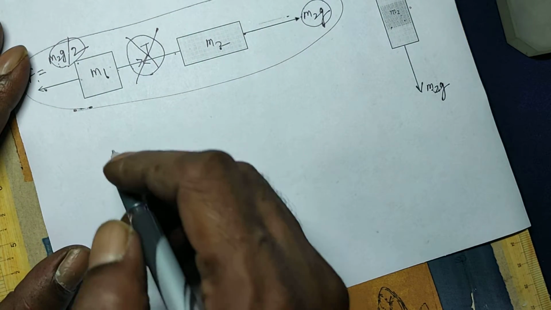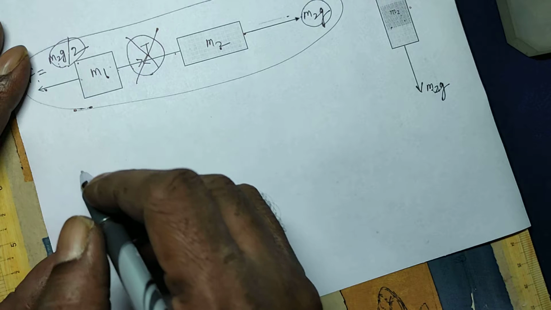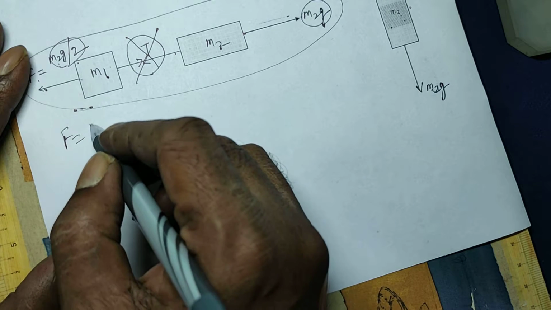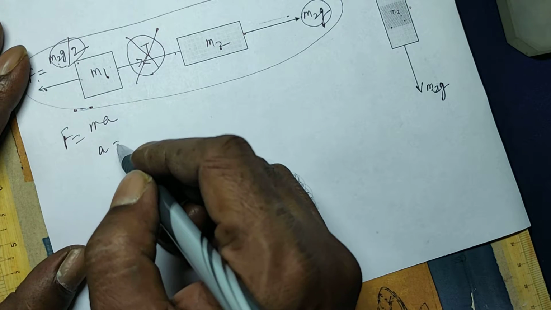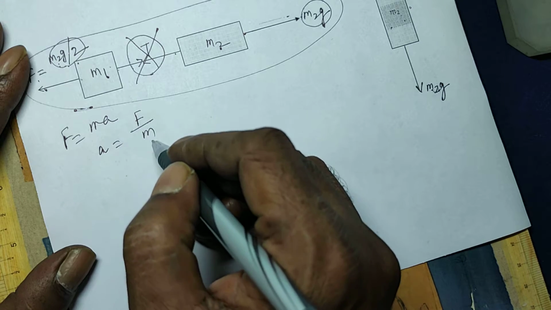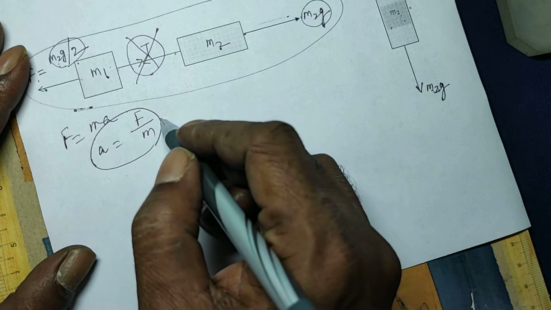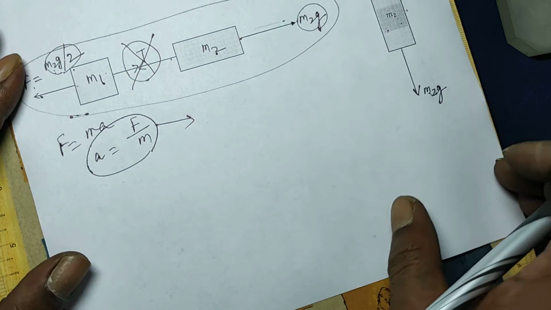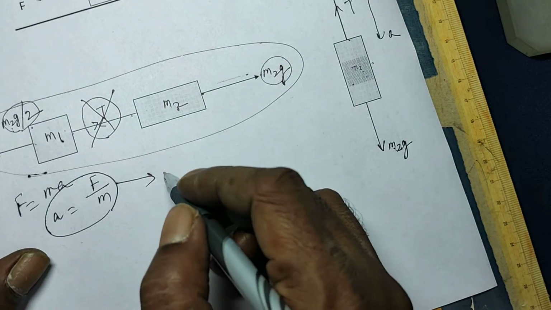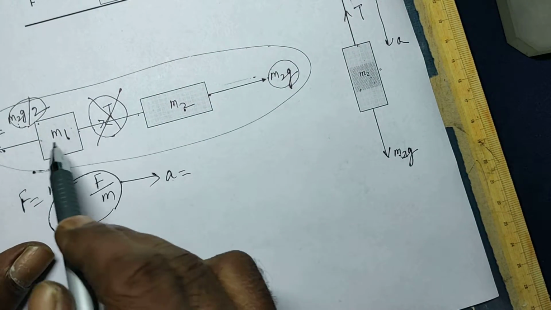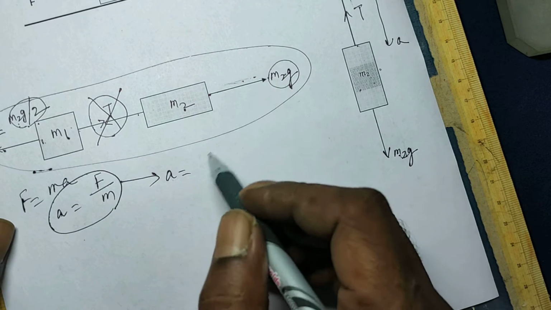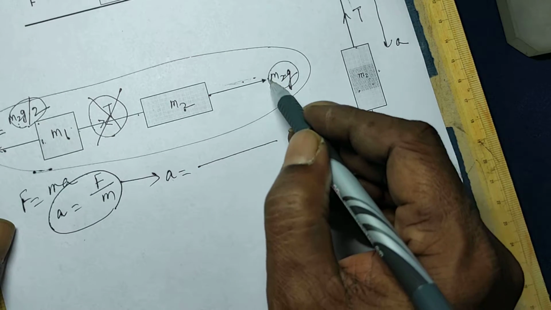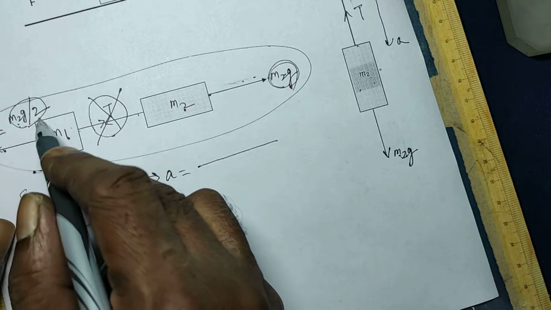Since F is equal to m times a, your acceleration is equal to F over m. Let me put it in a different way. So your acceleration will be, the net force on this system is m2g minus m2g over 2.